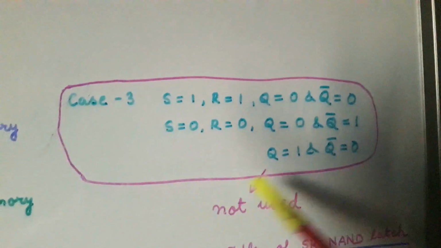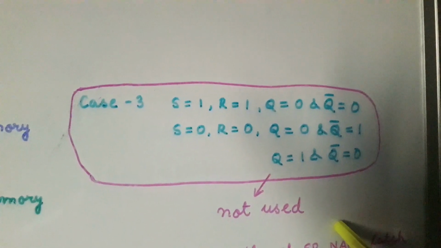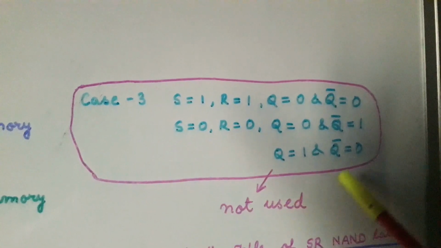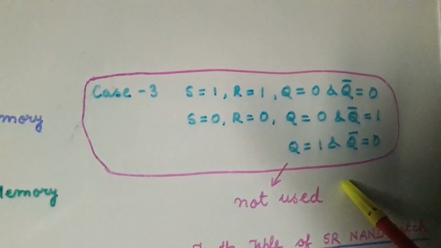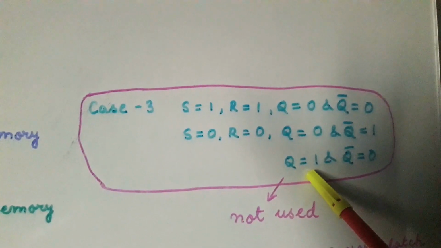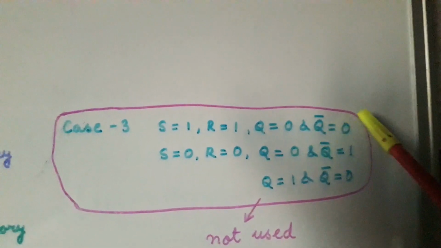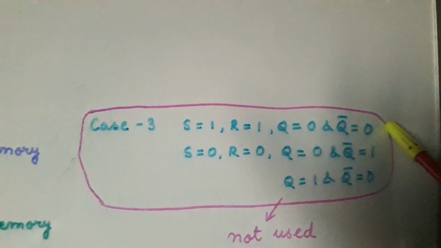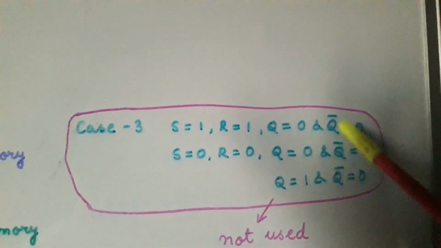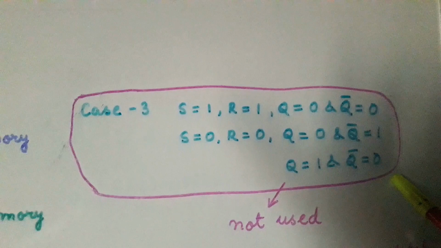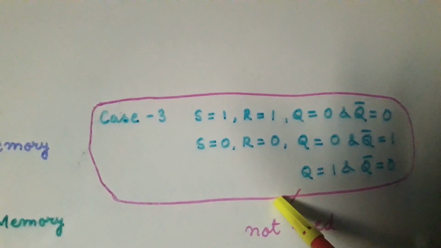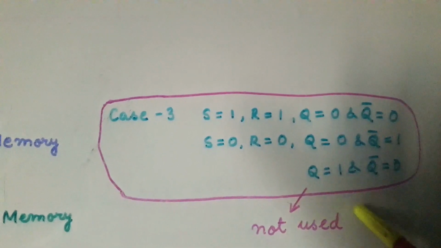So this case is not used because the configuration is such that it is not giving the correct result. This cannot be true because Q and Q bar are complement of each other, and for the same input we cannot get different outputs. So there is something wrong about this configuration, and so this case is not used.